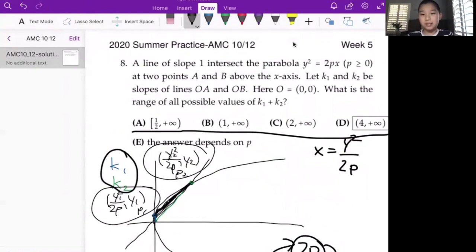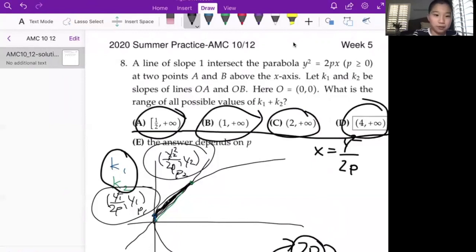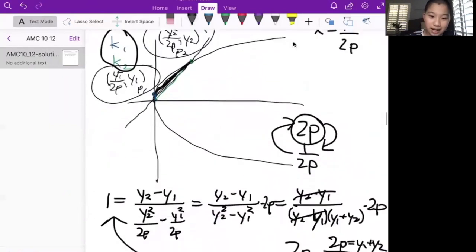So let's not think about that for right now, because it's most likely easy to find. But the minimum value seems hard, and it's also the only difference between these four answer choices. So let's try to find that.